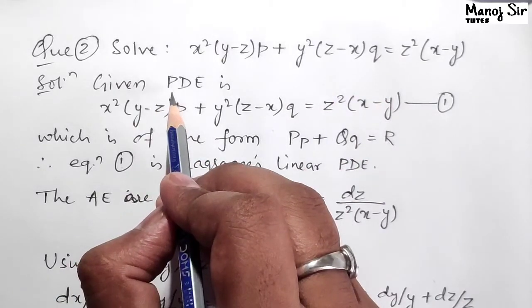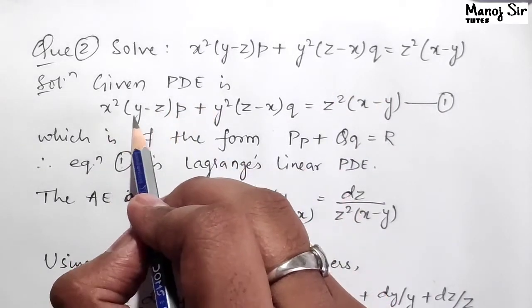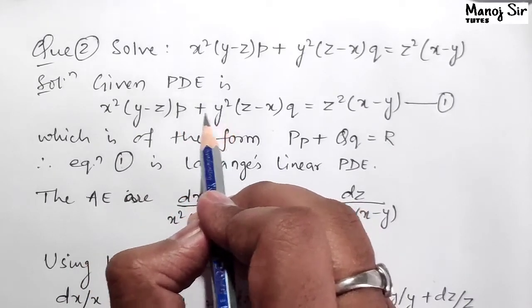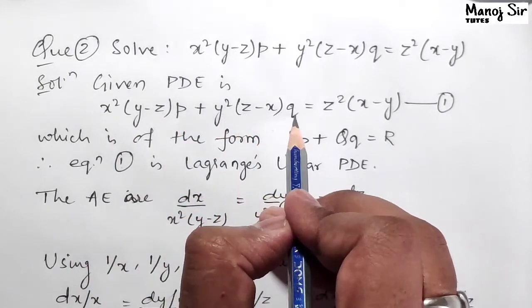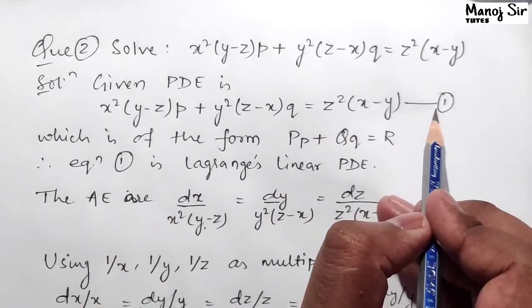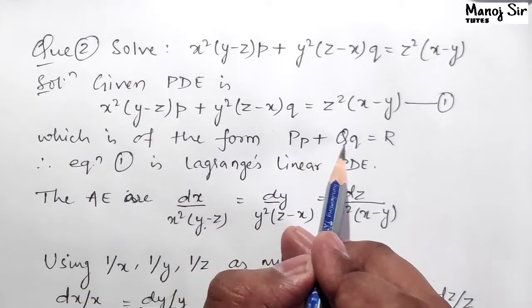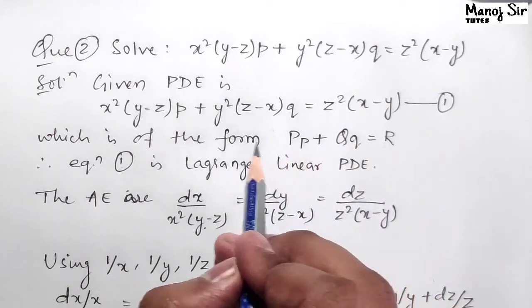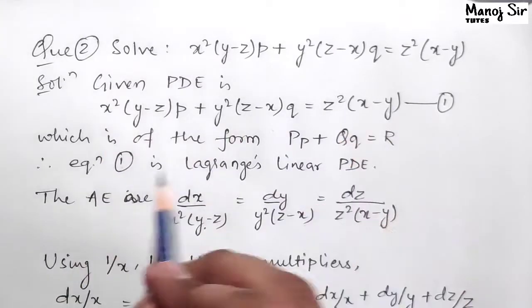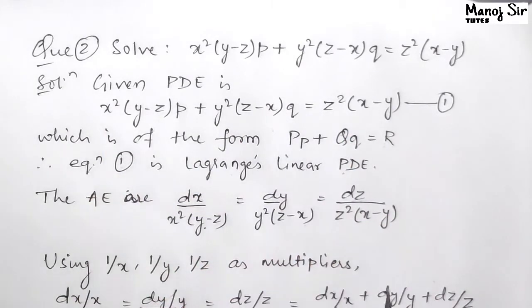Let's suppose this is my equation number 1, which is of the form Pp plus Qq equals R. Since we have the equation in this form, equation 1 is Lagrange's linear partial differential equation.